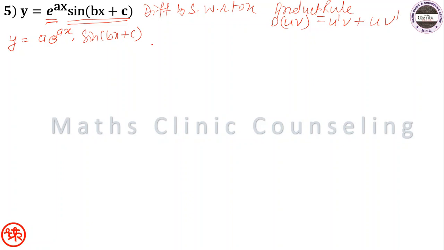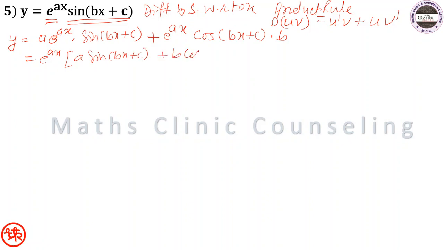Is that clear? Plus e to the power ax into the derivative of sin of bx plus c, which will be cos of bx plus c into b. Is that clear? So taking e to the power ax common, and here we get a sin of bx plus c plus b cos of bx plus c.